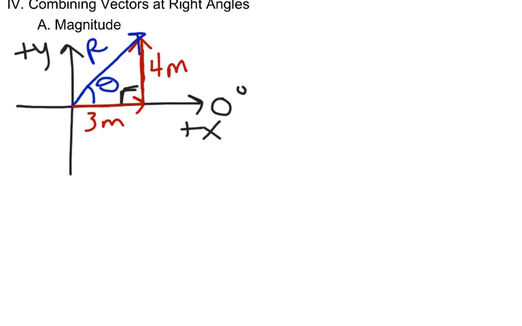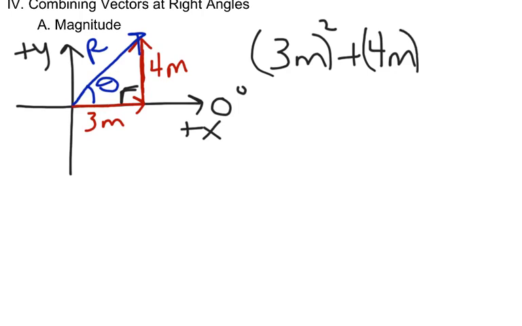To find the hypotenuse of this right triangle, or R, we're going to square what I have on the x-axis, plus square what we have for the 4 meters going vertical, and that's going to be equal to the square of my hypotenuse, or the resultant.